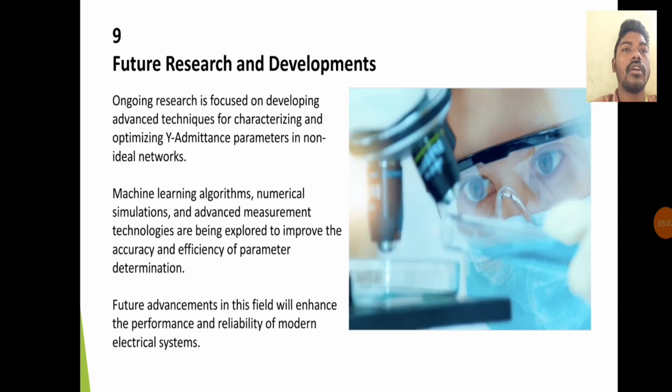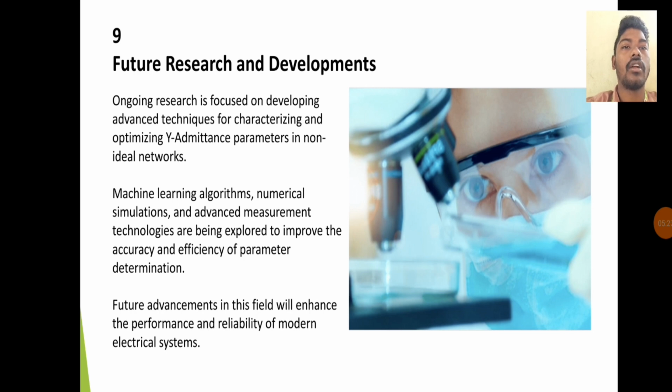Future research and developments. Ongoing research is focused on developing advanced techniques for characterizing and optimizing admittance parameters in non-ideal networks.